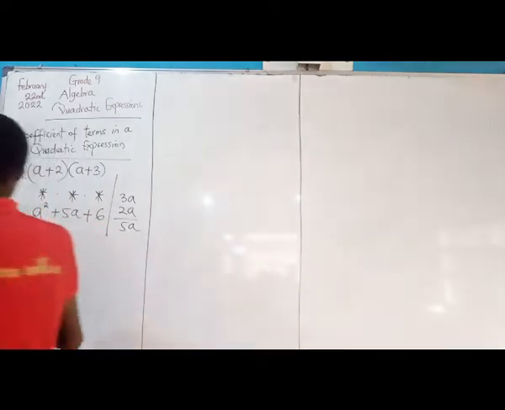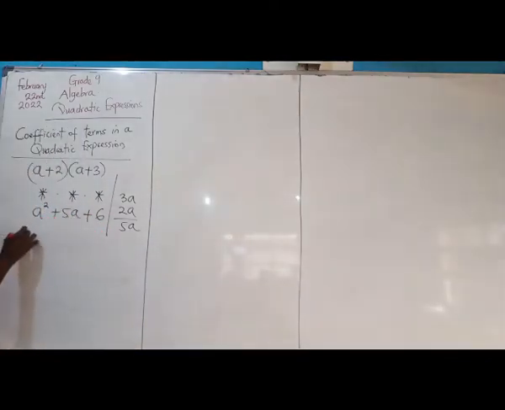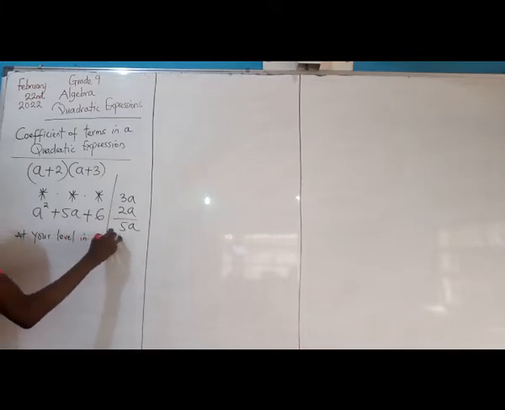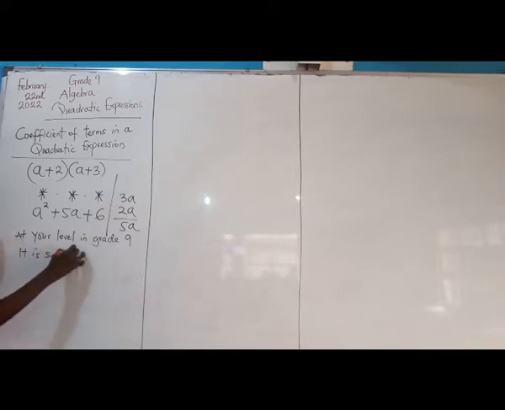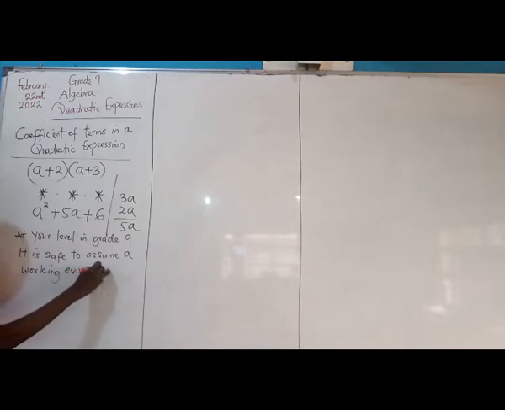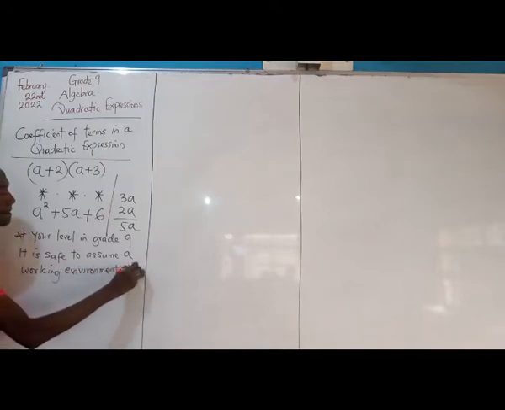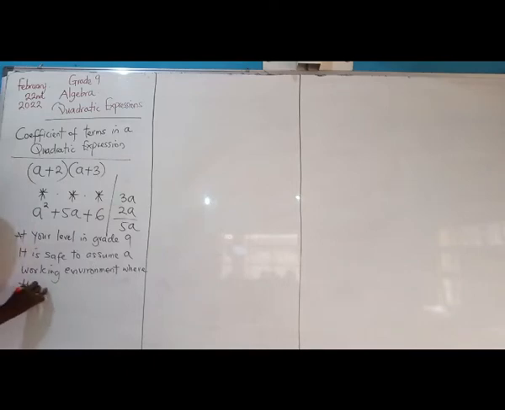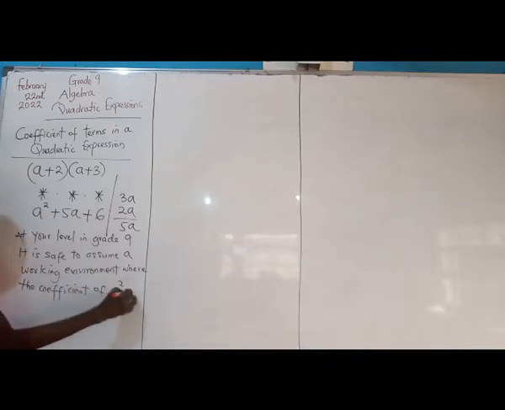So I'll note that at your level, in grade 9, it is safe to assume a working environment where the coefficient of a squared is 1.